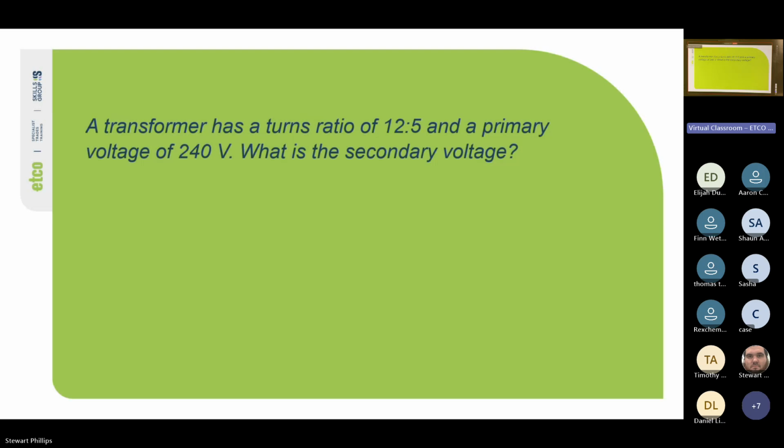What is our secondary voltage? Now we've got a couple 48s and a few 100s.